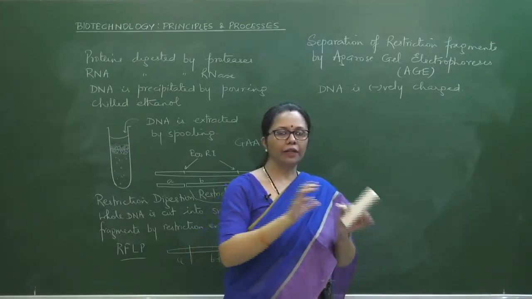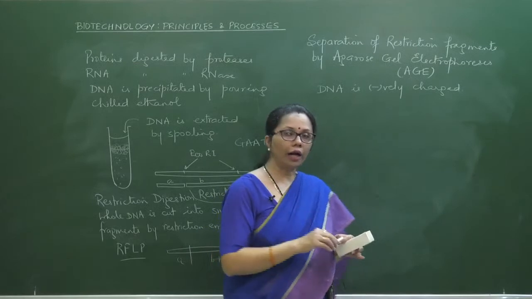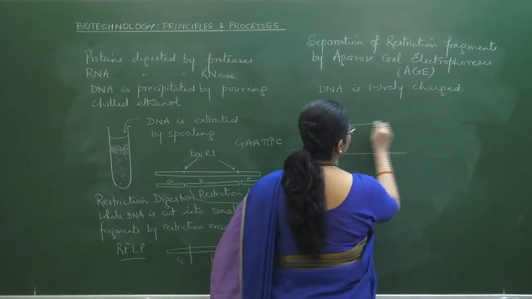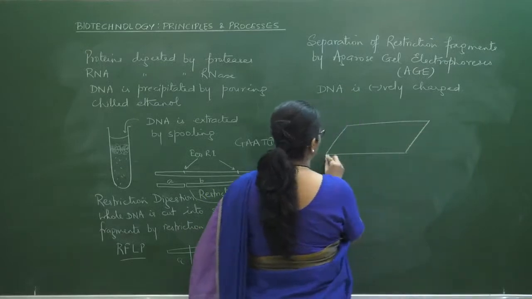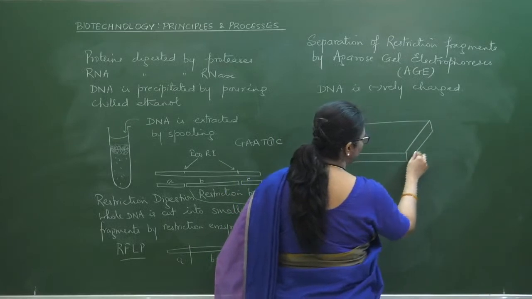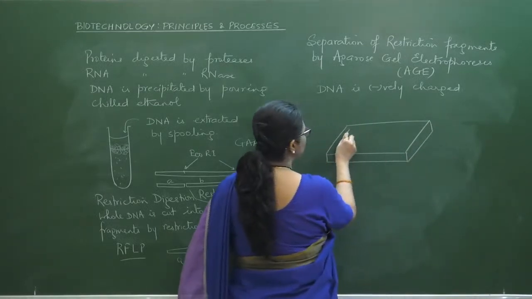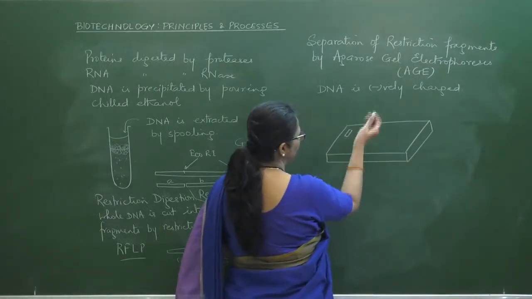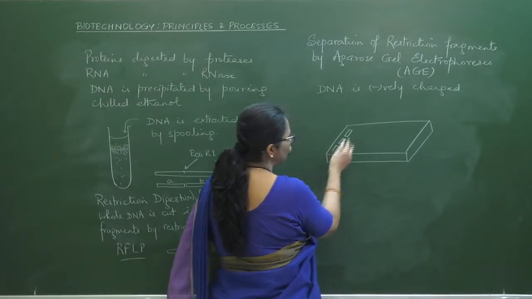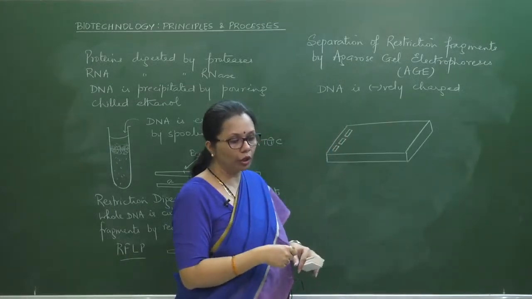Just like jelly, it sets like that. Suppose this is the agarose block, which is in a rectangular tray and put to set. While it is setting, we put a comb-like thing in it, so that the agarose doesn't come there, and those will be small gaps which are called the wells.